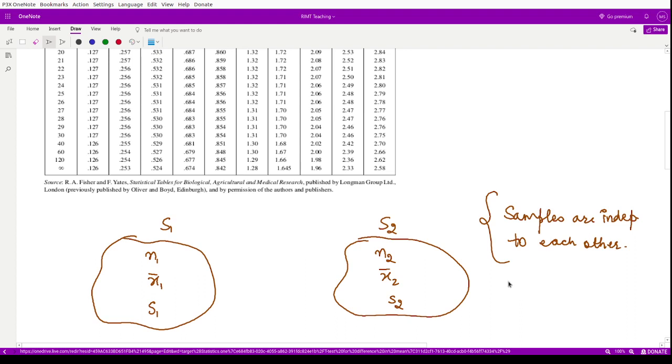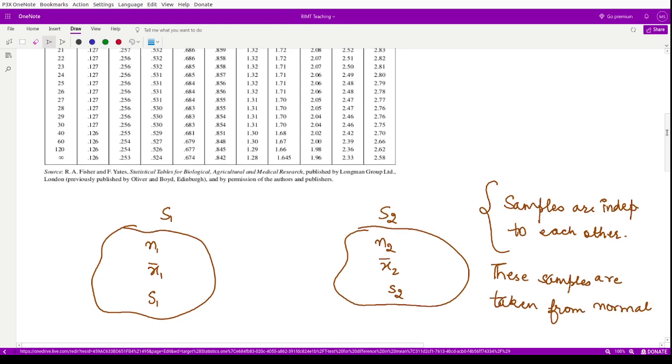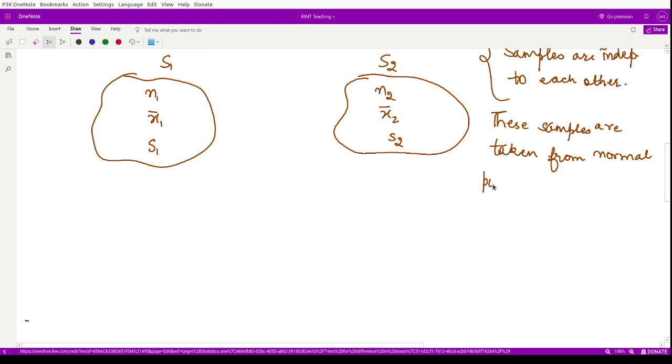We assume that these samples are taken from normal populations having means mu1 and mu2.